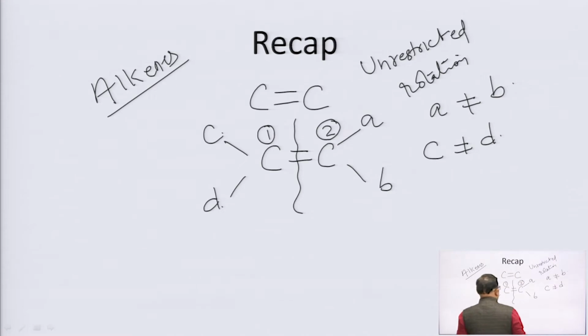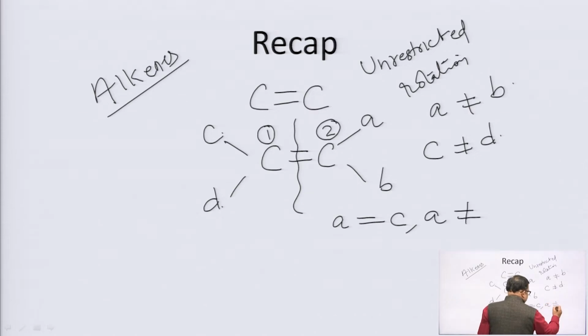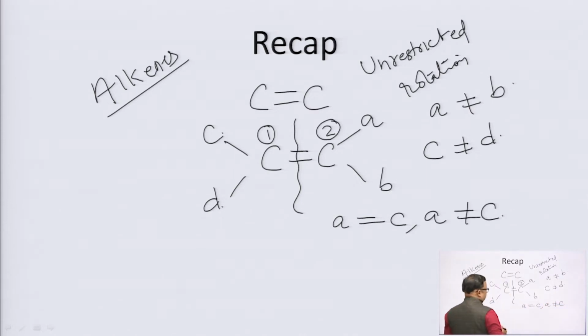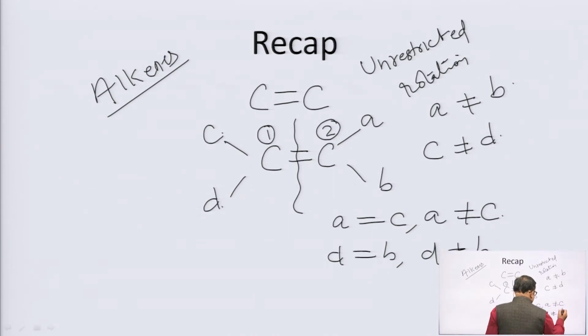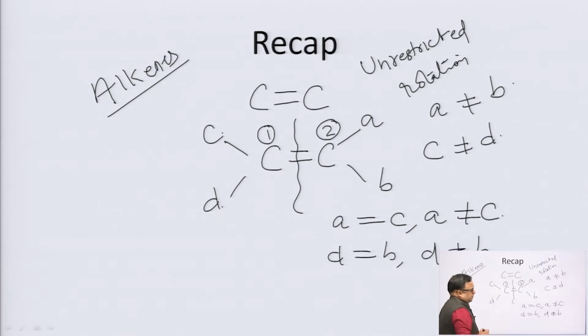However, A and C can be similar or they can be dissimilar. Similarly, D and B can be similar or dissimilar. So, this type of requirement is required for exhibiting geometrical isomerism.